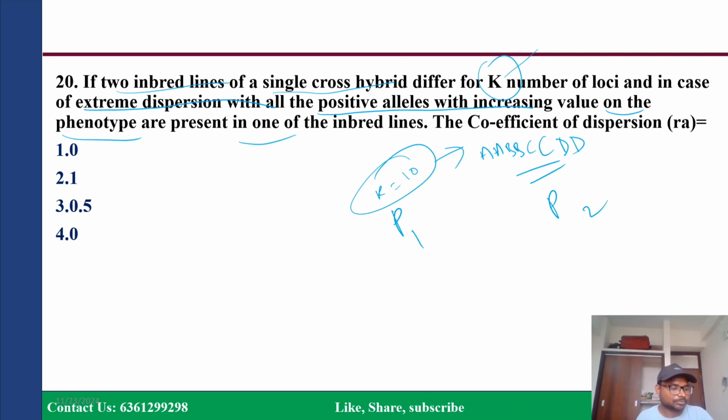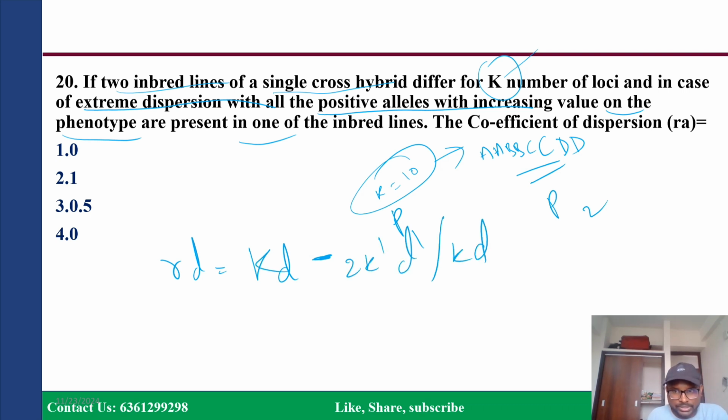There is one formula for the dispersion coefficient, rd is equal to kd minus 2k dash d by kd.